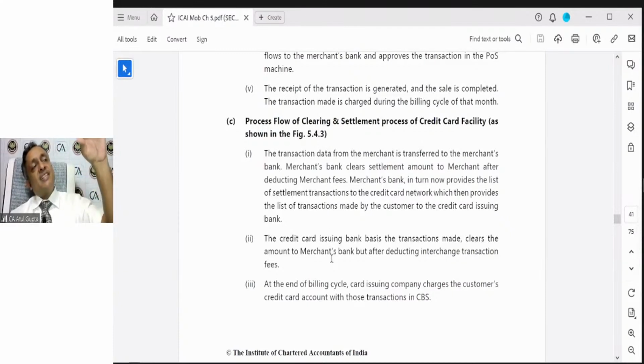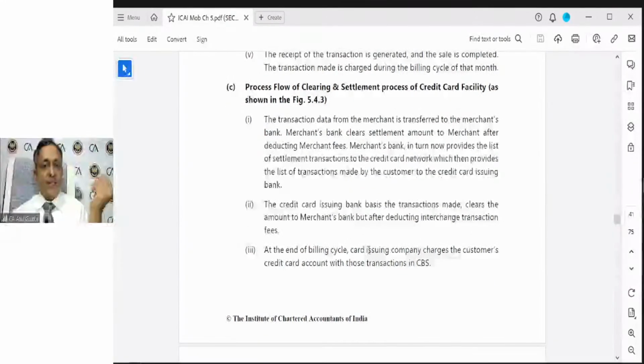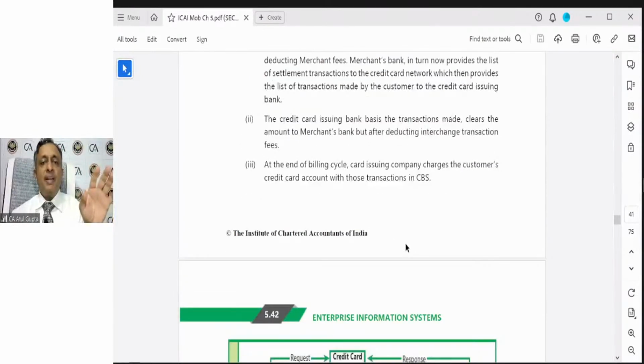So the basic transaction amount is debited to the customer's credit card account. The credit card issuing bank, based on the transaction made, clears the merchant bank after deducting the charges. At the end of the billing cycle, the card issuing company charges the customer card account with those transactions in the core banking system.